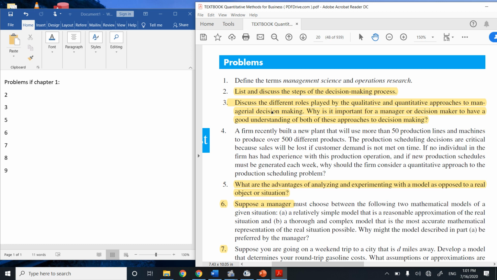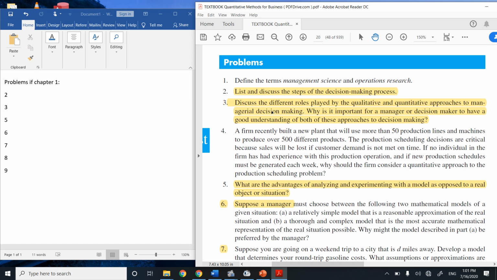And regarding the third problem, it is about the difference between qualitative and quantitative approach. We have been through that as well, and why both are important.